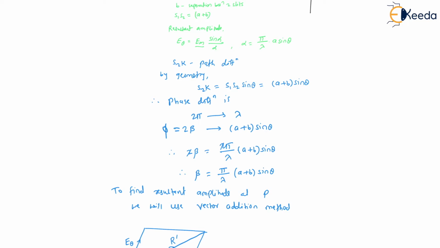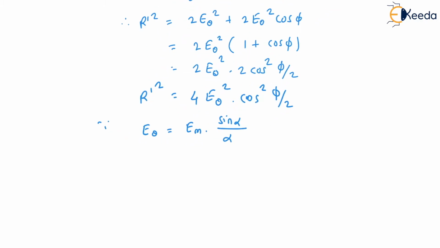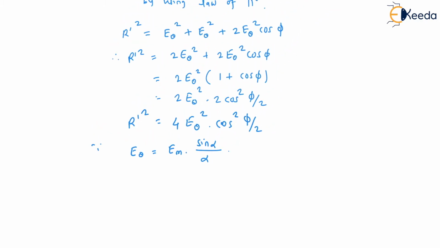Therefore phi by 2 will simply be beta. So instead of phi by 2 in cos square, we will write beta. Beta is related to interference, and alpha is related to diffraction. Remember that. Now we will substitute the value of E theta here, and instead of cos square phi by 2, simply write it like this.